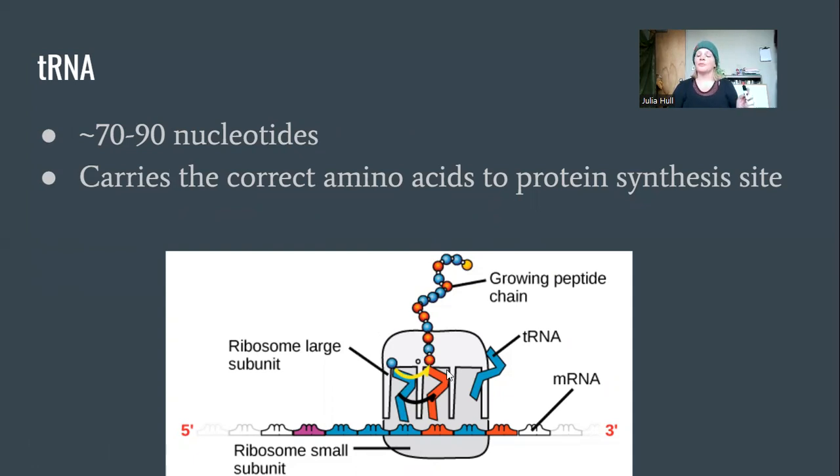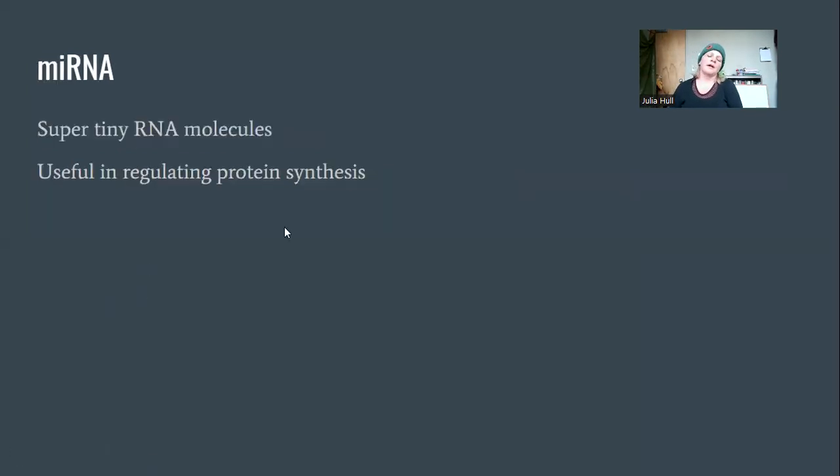Okay, this is how the primary structure of our proteins is synthesized, based on the information that was contained in the DNA, transferred to the mRNA, and now the tRNAs are the kids that go and fetch the ingredients to build the protein. MicroRNA, these guys are super tiny and they just help regulate protein synthesis. So that's kind of their jam. They're just really little, and they're kind of the helpers. And so that's kind of all we'll say about those guys for now.